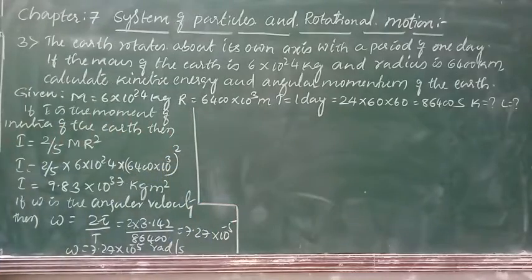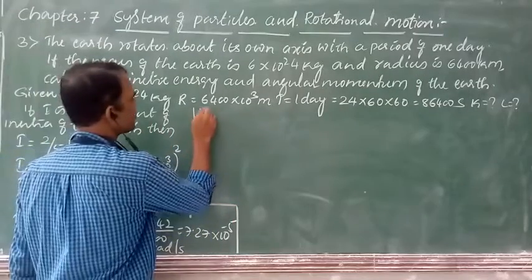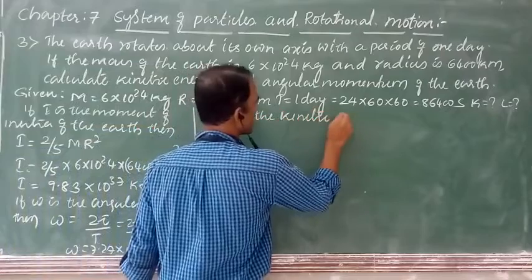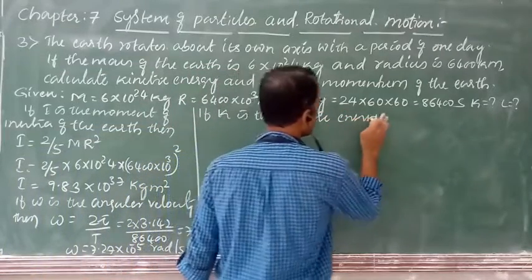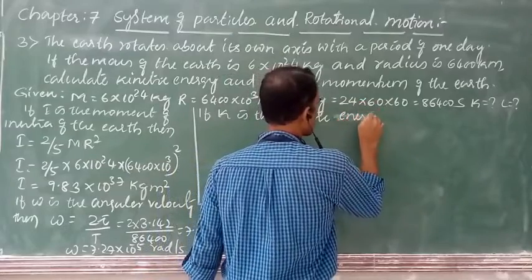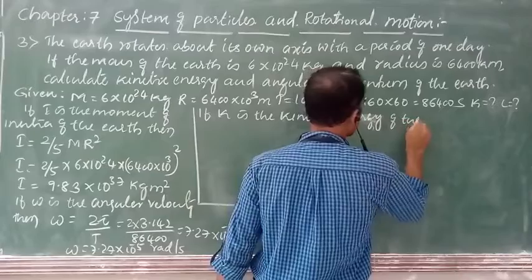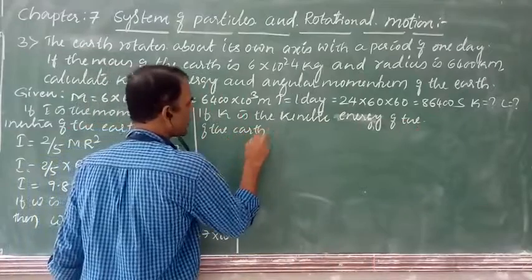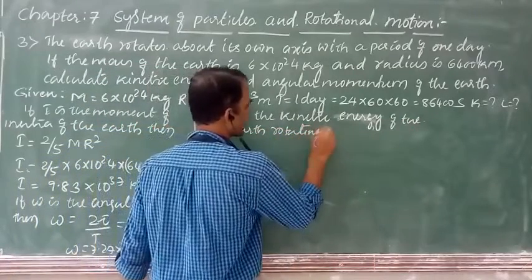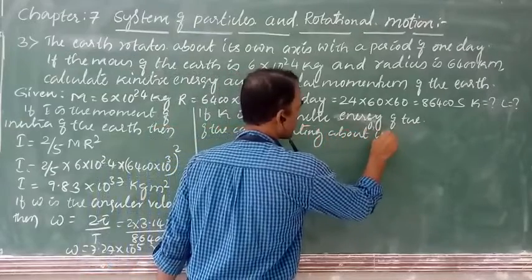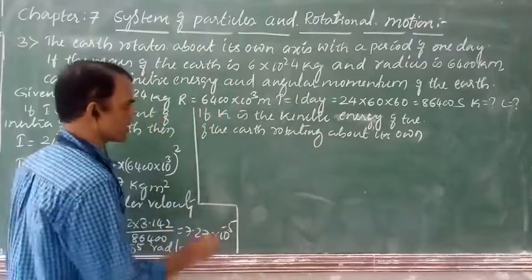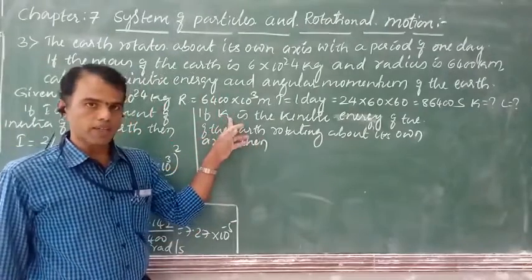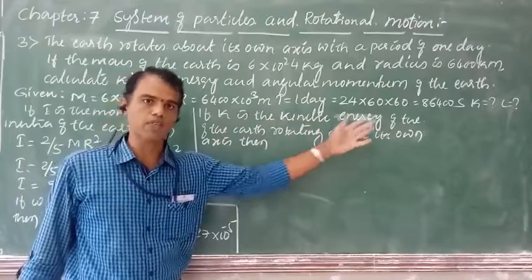Now let us calculate the kinetic energy. If K is the kinetic energy of the Earth rotating about its own axis, then, because all parameters depend on the axis of rotation, they are going to change when the axis of rotation changes.